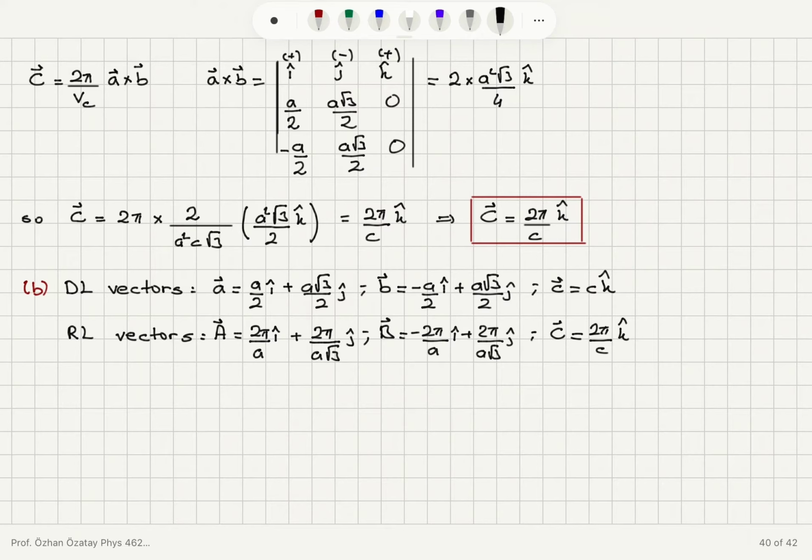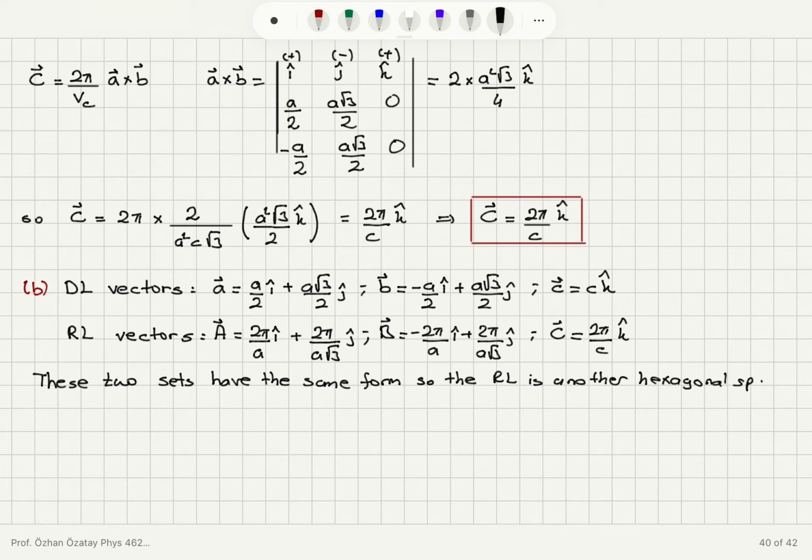So what I notice here is that they have the same form. So I conclude that since these two sets of primitive translation vectors have the same form, the reciprocal lattice is another hexagonal space lattice.